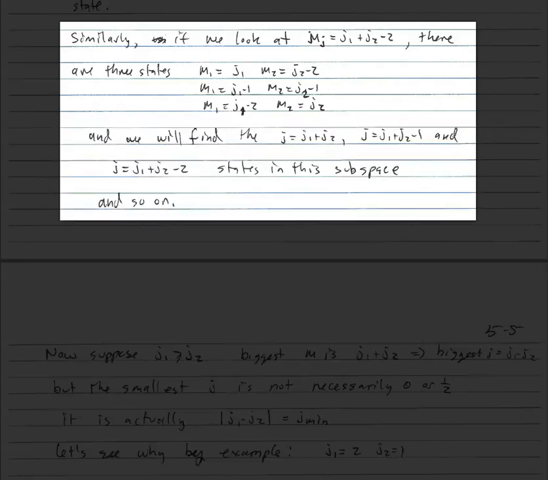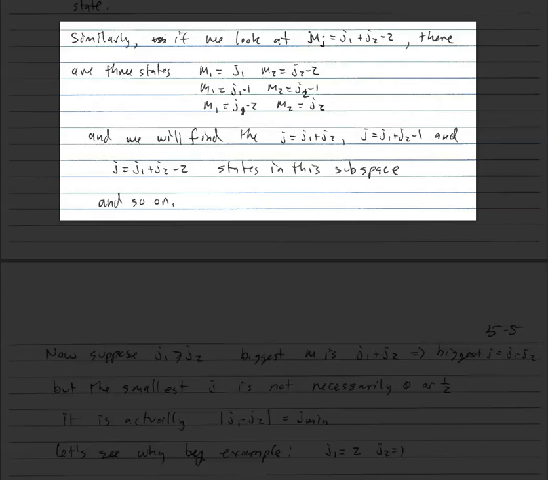Now, again, we know that the three possible values of j are j1 plus j2, j1 plus j2 minus 1, and j equals j1 plus j2 minus 2. There are three states in there. We get the state with j equals j1 plus j2 by hitting our previous state that had j and mj equals j1 plus j2 minus 1 with another j minus.